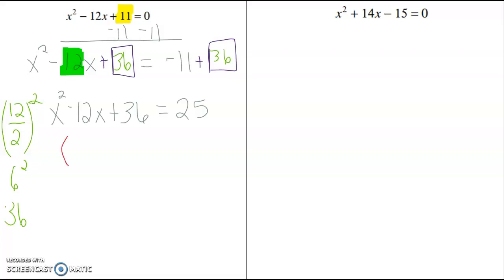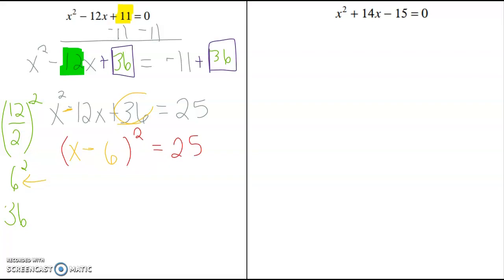You're always going to start with an x. You're going to use the sign of whatever the number in front of x is. In this case, it's a minus 12, so I'm going to put a minus here. And that number at the end is whatever number squared gives us 36, which we've already found. It is 6.